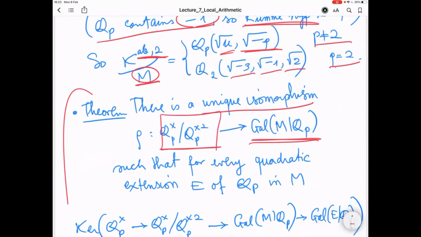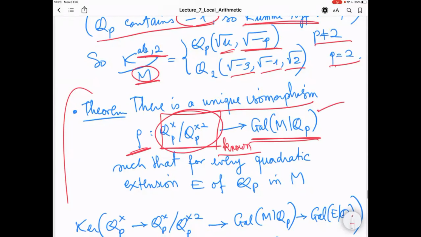This is of course a known group now. Q_p is given to you, so you know the multiplicative group, you know the squares, you know what the quotient is. If you are given an isomorphism rho of this quotient with the Galois group of M over Q_p, then you are determining this group.